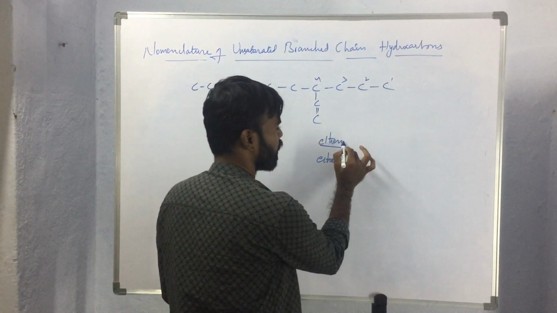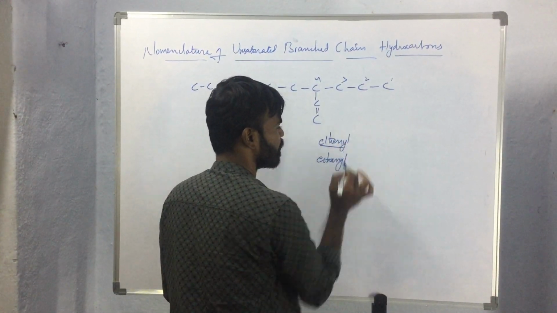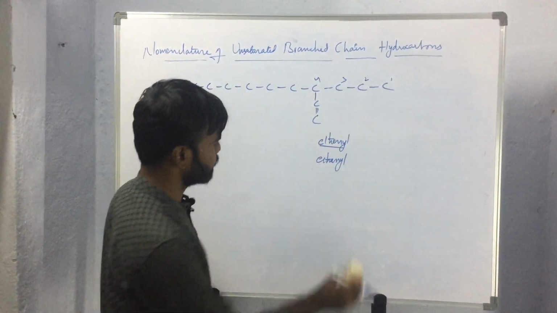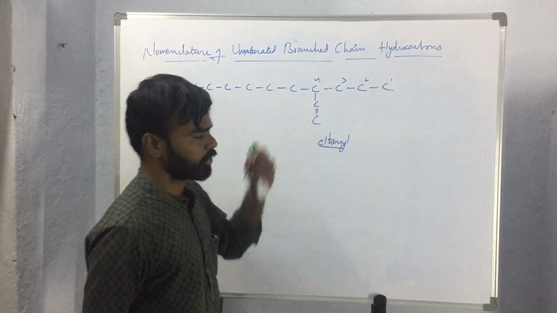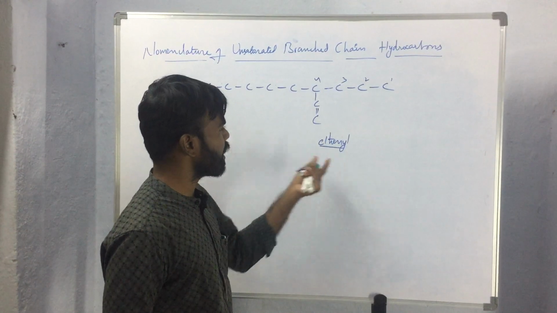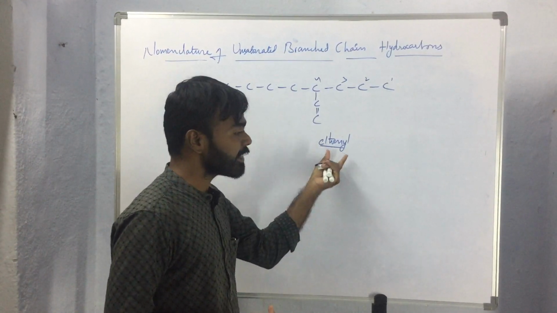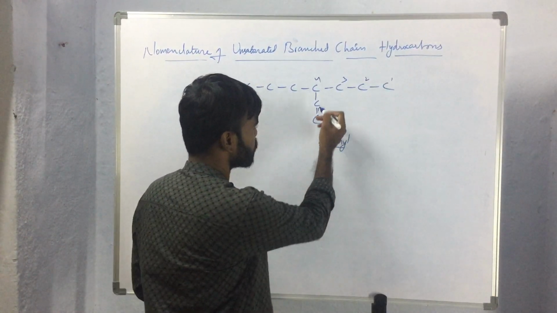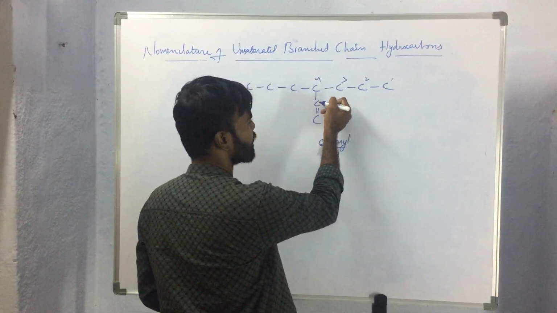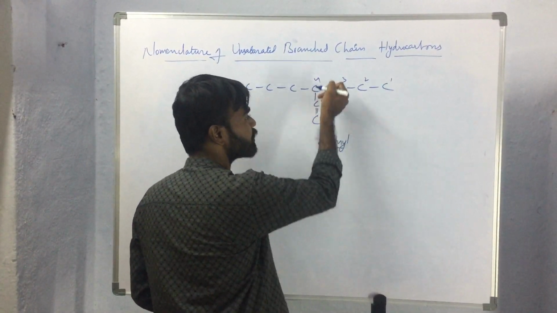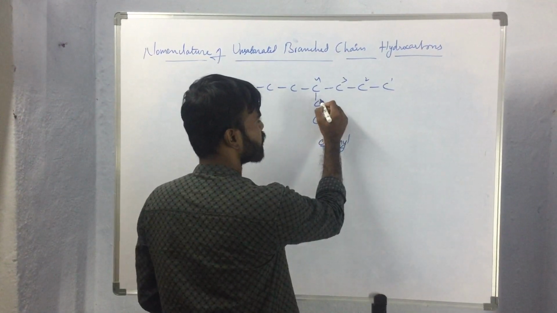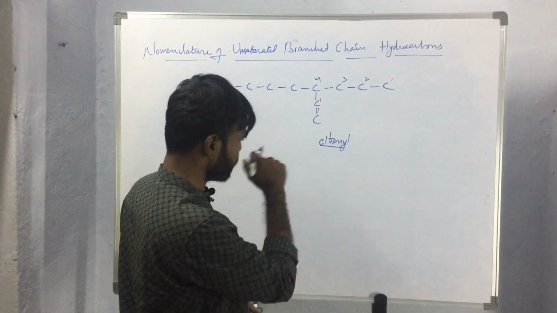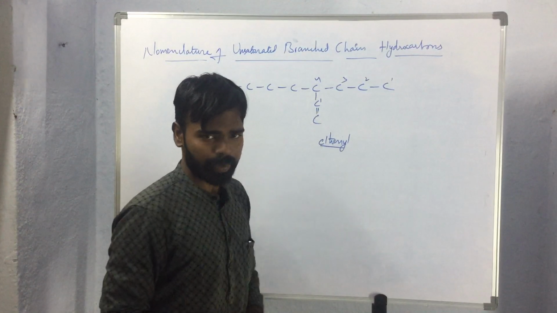A suffix yl will be added to the side chain, ethenyl. And the position of the carbon atom that is directly attached to the parent chain has to be designated. So here the first carbon atom is directly attached to the parent chain.